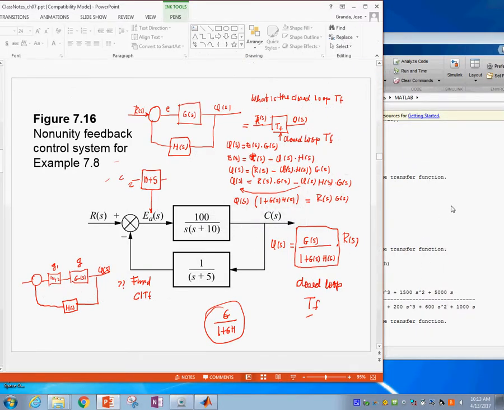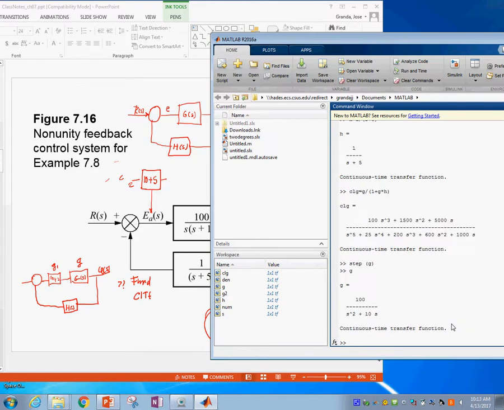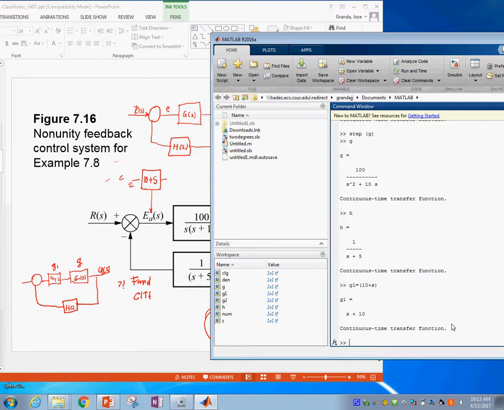And I am going to go over here, and remember I already defined what G was. There it is. I know what H is. There it is. What I don't have is my G1 is equal to, in parentheses, 10 plus S, like this. Yeah? And then I say, okay, that's my new transfer function for this controller that I want.